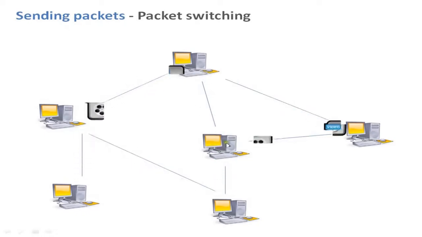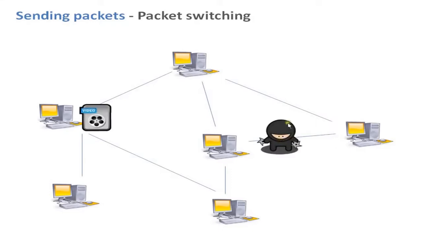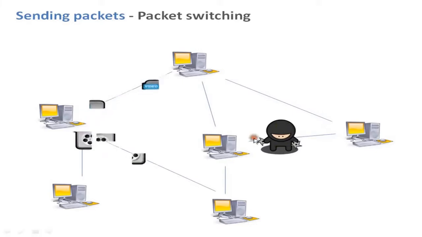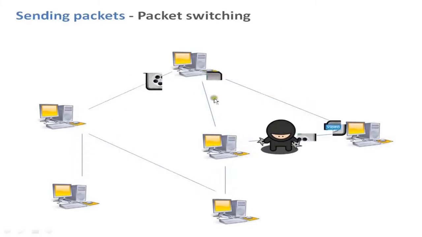Now, this means it takes longer to assemble them at their destination because they all arrive in a different order to the order they were sent in. But if the hacker is watching the network, it's much harder for them to intercept all the packets because they don't know the route that all the packets are going to take. So most of the packets will avoid detection, so the hacker doesn't get the file.